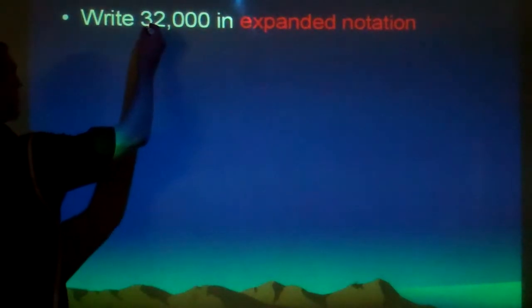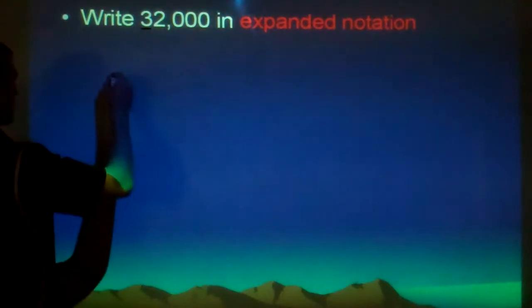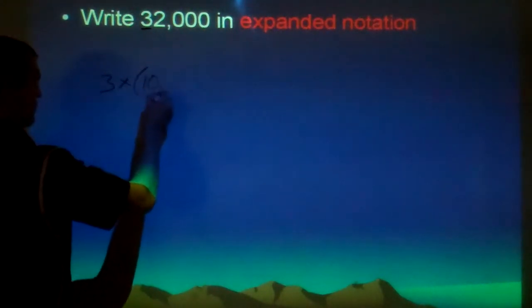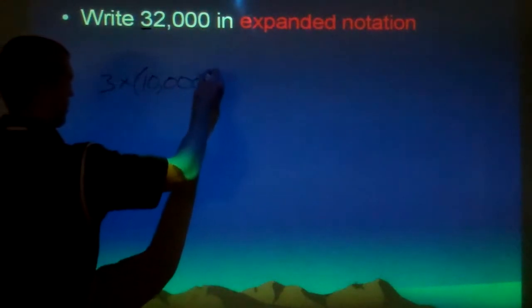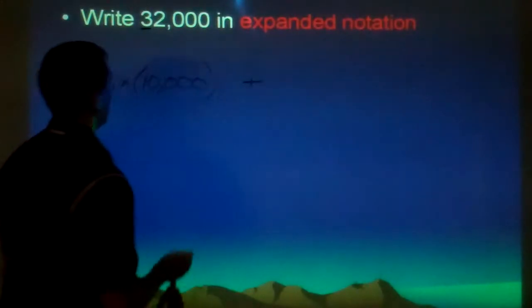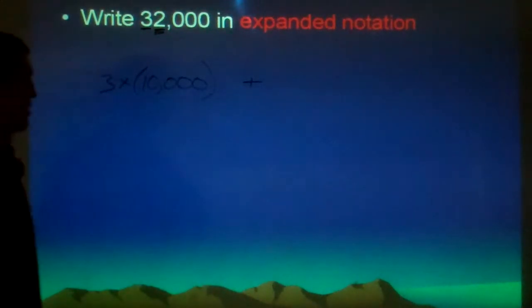So 3, that is in our 10,000s place. So we would say 3 times 10,000 plus our 2, that is in the thousands place.